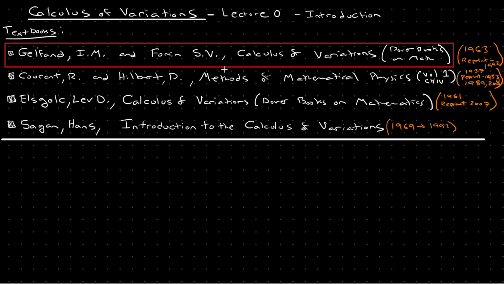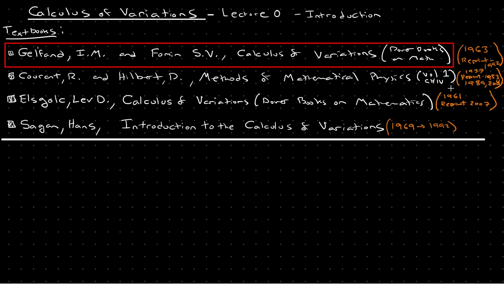There are three other texts that I recommend as very good texts as well that can sometimes give alternative explanations and new examples that would be very, very helpful. That's Methods of Mathematical Physics by Courant and Hilbert. The Calculus of Variations material is in Volume 1, Chapter 4.